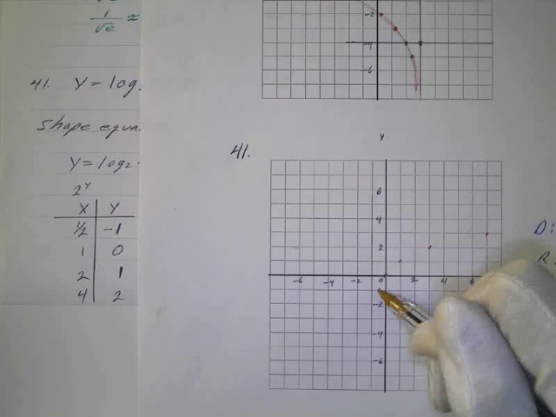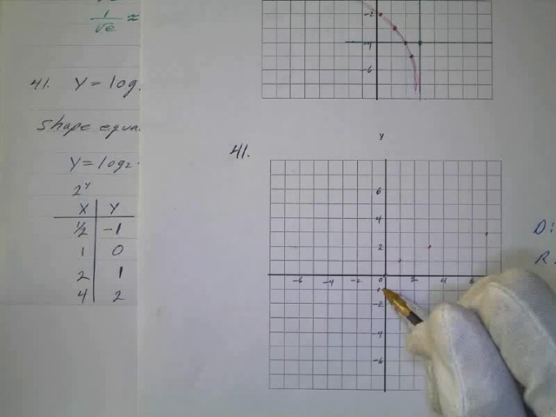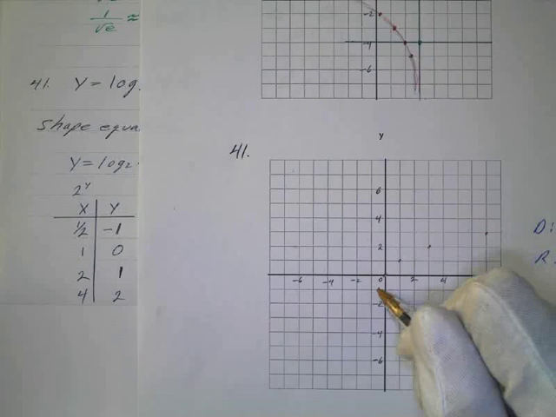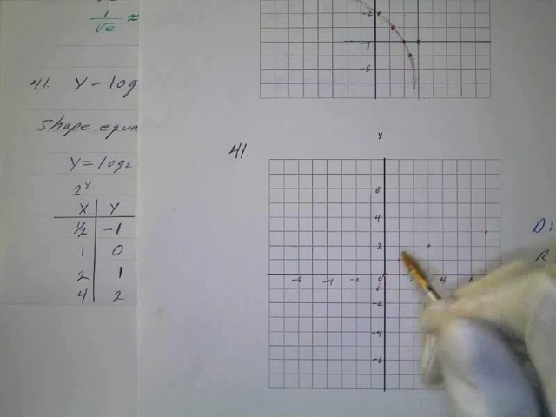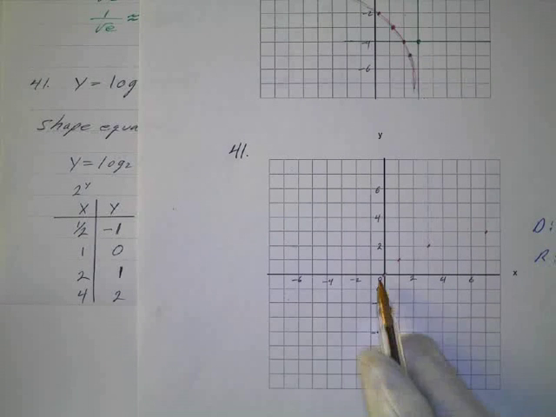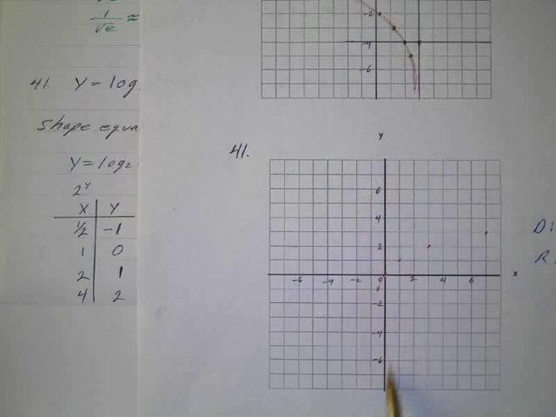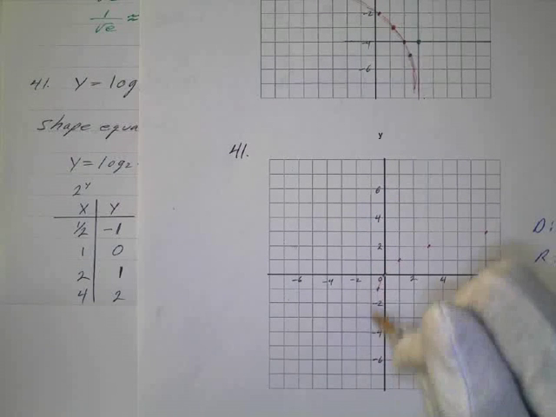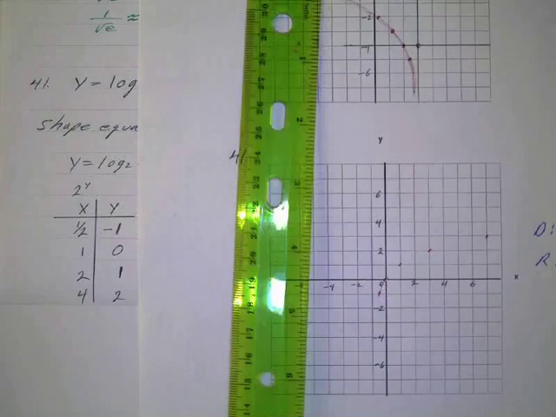So we can kind of check this out here. And it's going to be asymptotic. Normally the line is x equals 0, the y-axis. So this is the asymptotic line here. I can always put that in. That might help you.